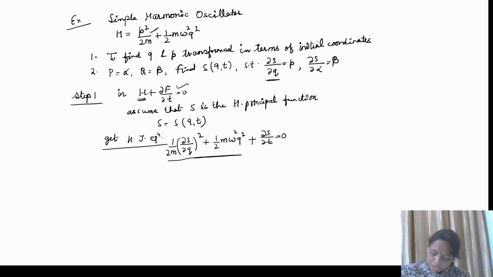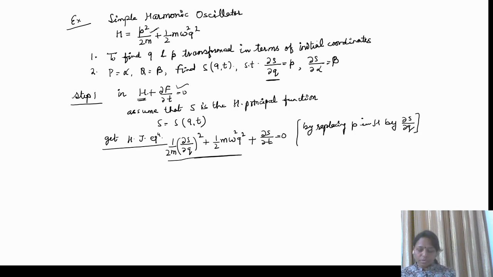So we get the Hamilton-Jacobi equation by replacing p in H by ∂S/∂q. Okay, so this equation I'll take as 1, this is 2. Equation 2 is the Hamilton-Jacobi equation.